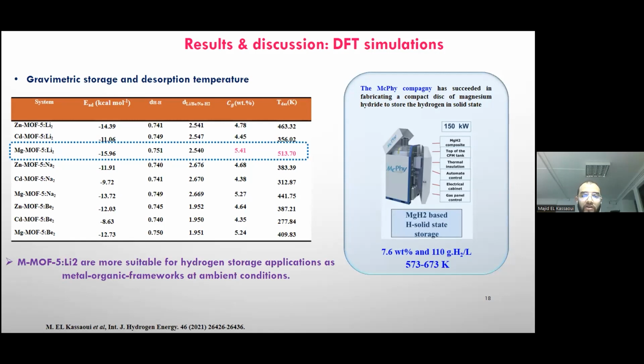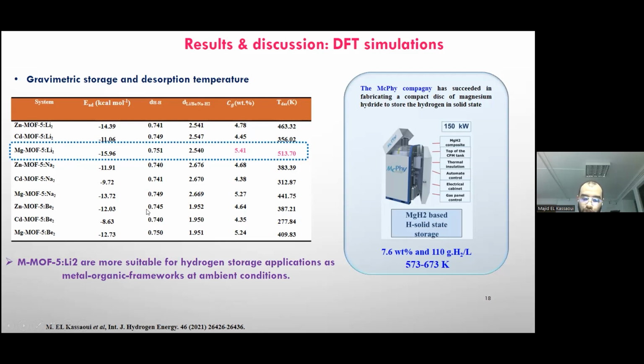In general, we conclude that the metal organic framework 5 based on magnesium, with the element lithium on both sides, is more suitable for hydrogen storage at ambient temperature than the metal organic framework 5.